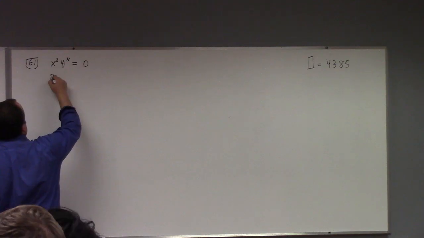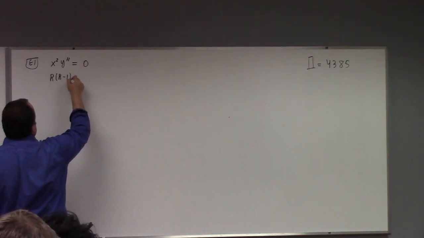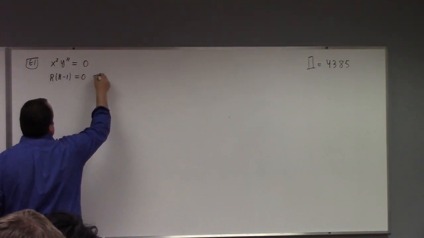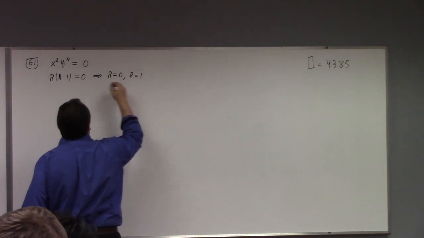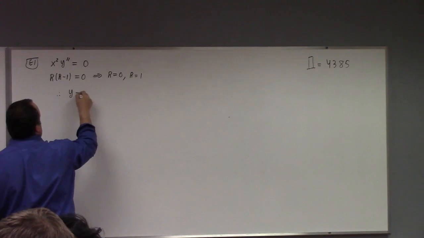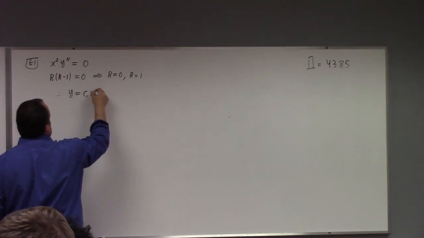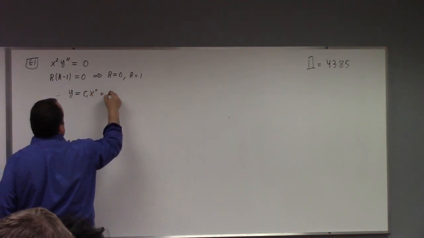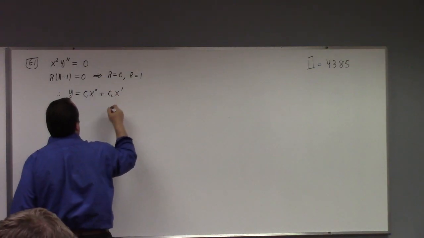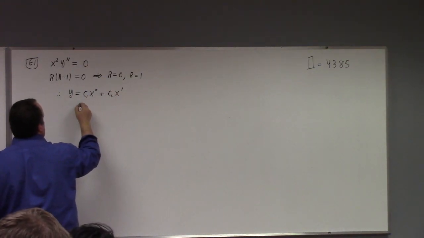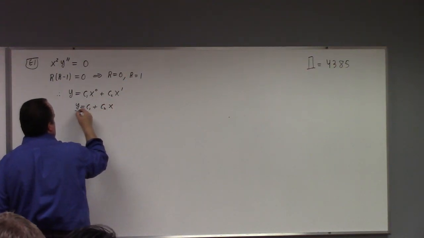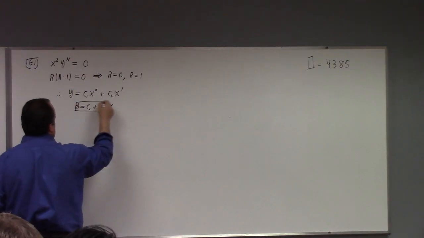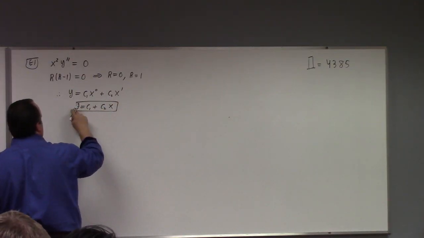This one is r times r minus 1 equals 0, which tells me I've either got r equals 0 or r equals 1. Therefore, my solution is c1 x to the 0 plus c2 x to the power 1. In other words, y is equal to c1 plus c2 x, which is kind of unsurprising.